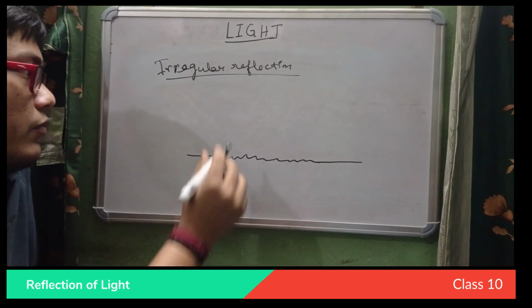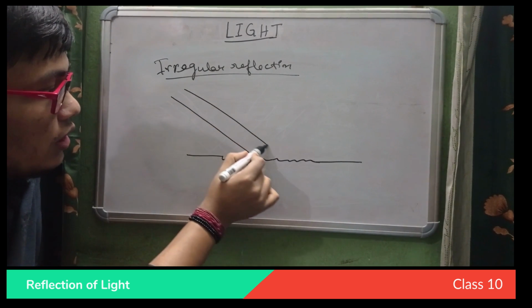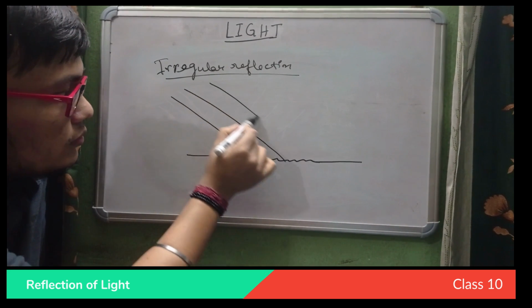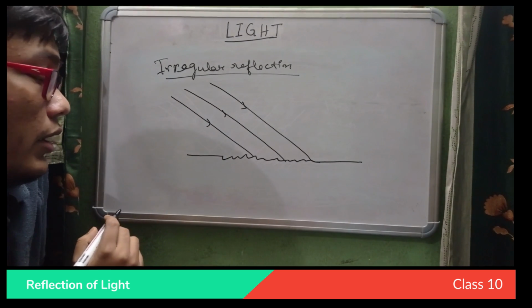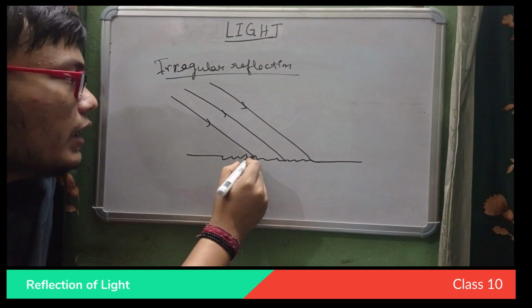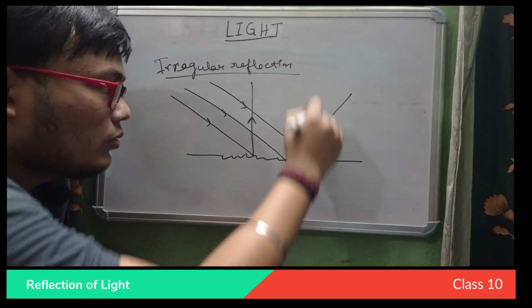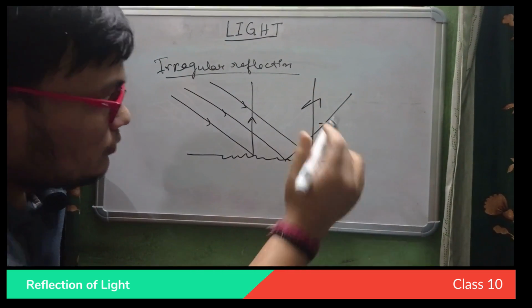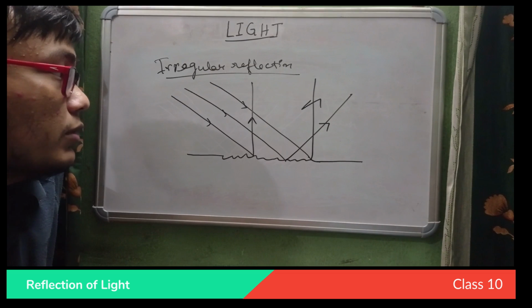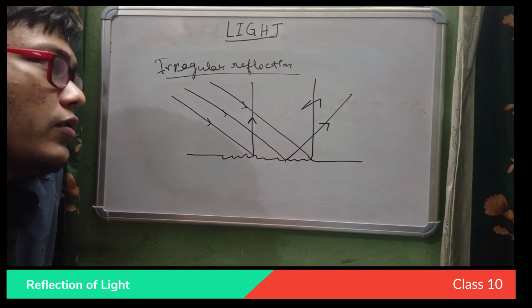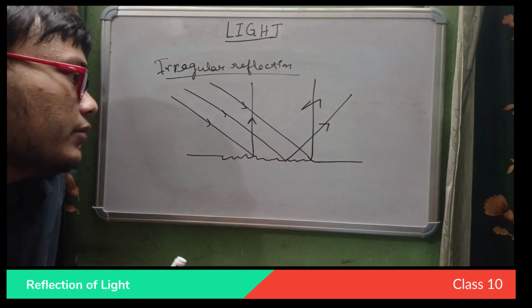So when parallel rays fall on the uneven surface, they get reflected back in every direction possible. They are not parallel, and they get reflected in random directions. Okay, so this is irregular reflection.